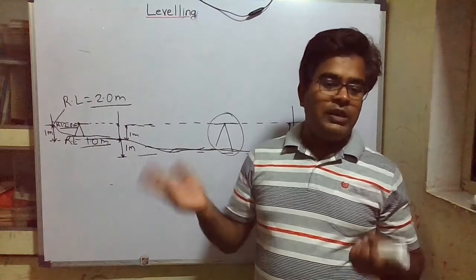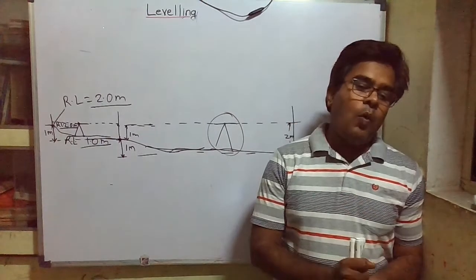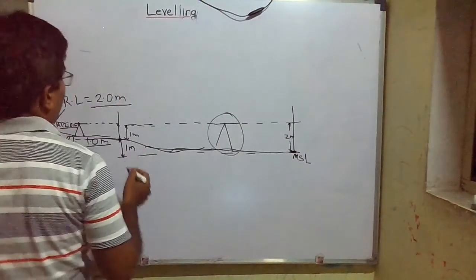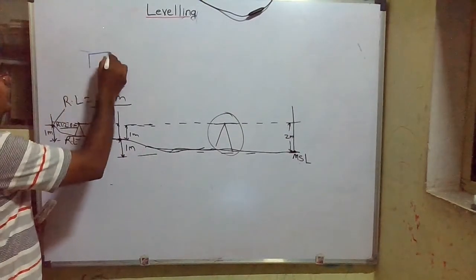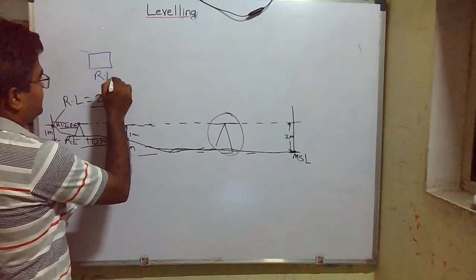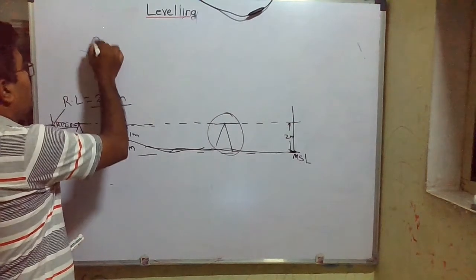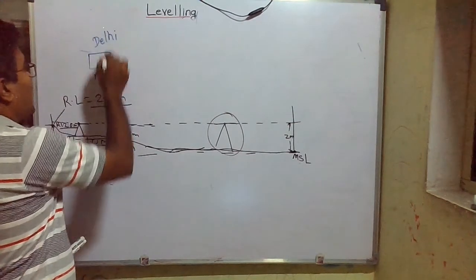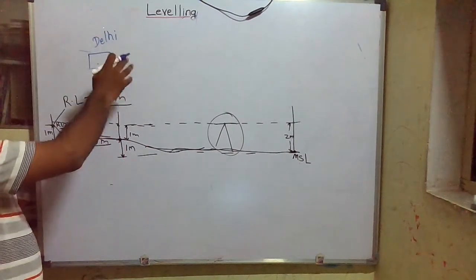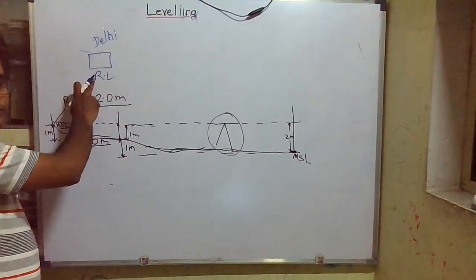If we have to do some engineering project, for that we need the RL. We have marked certain points, we have marked the distance of different points in different places. That is nothing but the RL. Suppose this point is in Delhi, near India Gate, and we have found the RL of this point.